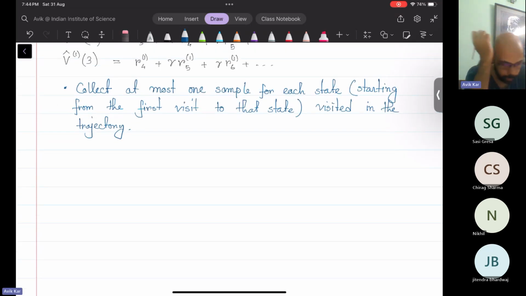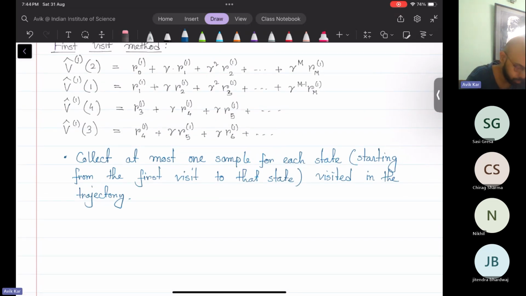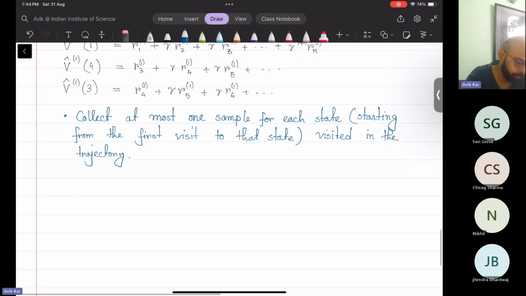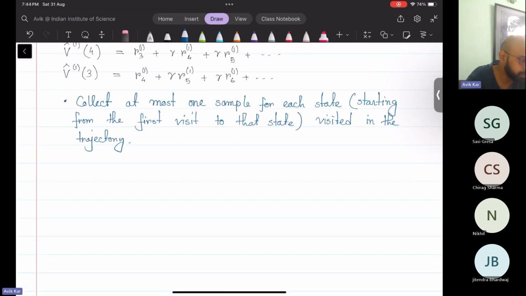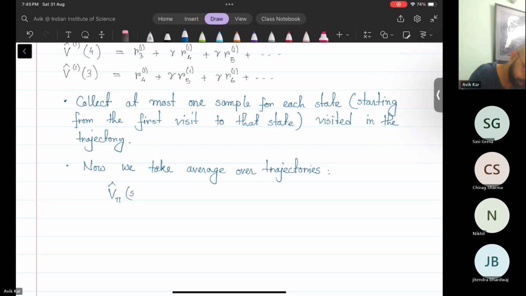Now, after collecting all these, we had V hat 1, V hat 2, V hat 3. After collecting these trajectories and estimating the value from each trajectory, we have to average. So now we take the average over trajectories. Say we have collected n trajectories, then l equals 1 to n.